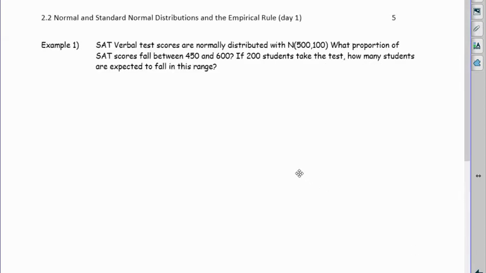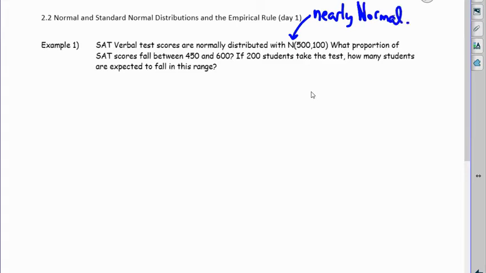Okay, so here we go. SAT verbal test scores are normally distributed with, okay, when they give a capital N like that, that is code for saying that you have a nearly normal distribution. Actually, I'm going to capitalize my N for normal.